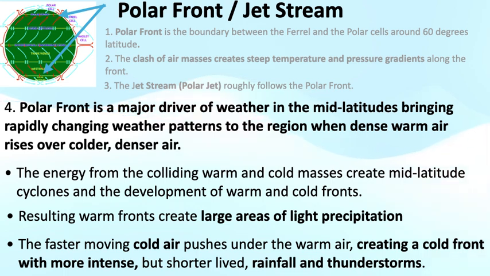The resulting warm fronts create large areas of light precipitation, but the faster moving cold air pushes under the warm air, creating cold fronts which are more intense, and they deliver much more intense rainfall and thunderstorms, but they don't probably last as long.